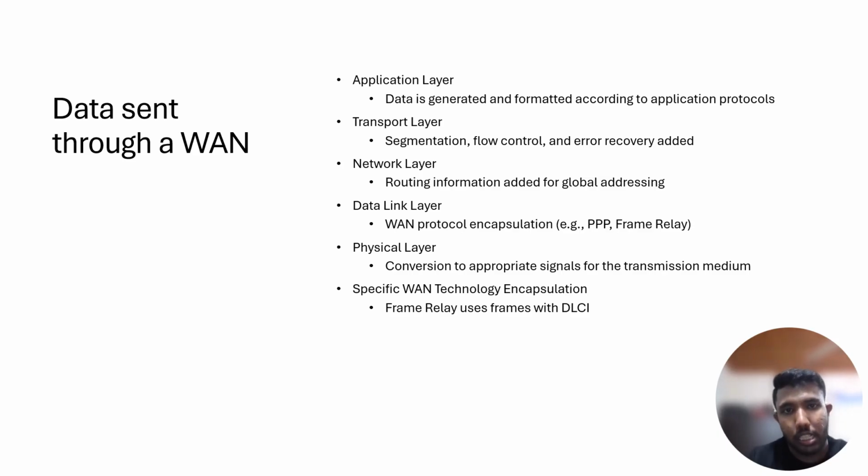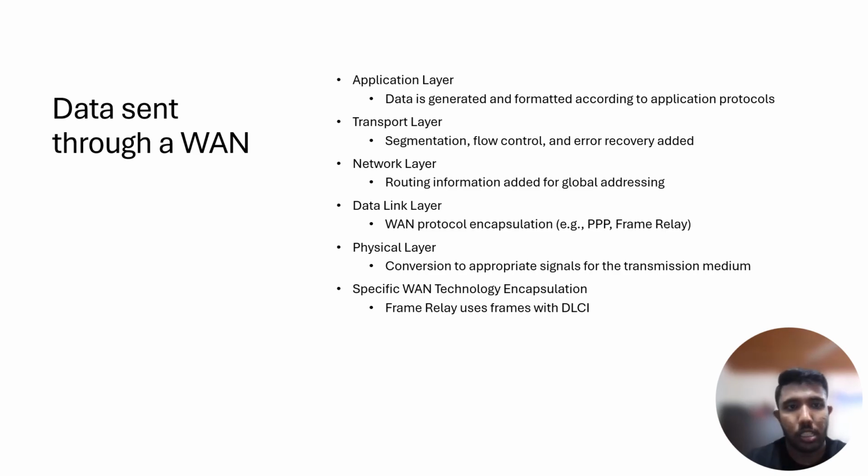The network layer provides routing information for global addressing, and the data link layer applies wide area network specific encapsulations, for example PPP and frame relay. The physical layer converts to appropriate signals for transmission. The specific encapsulation depends on the wide area network technology in use.